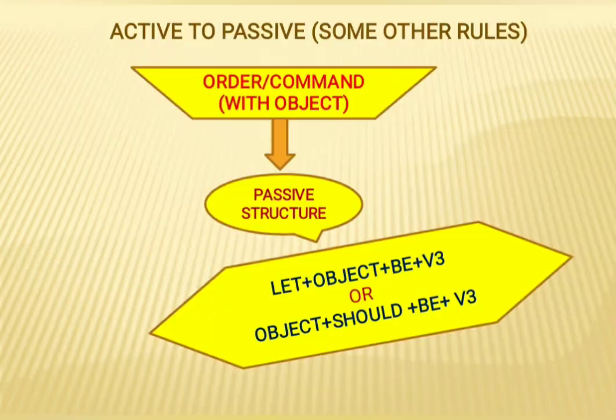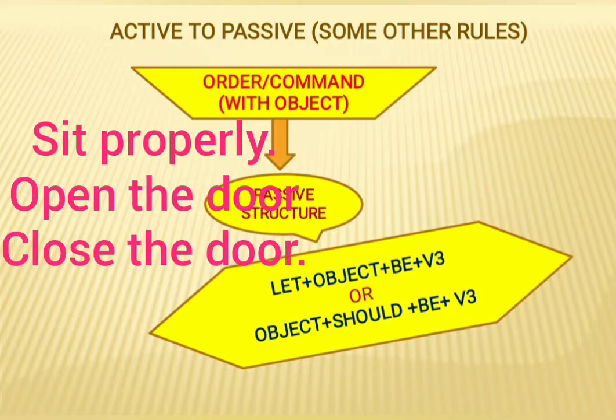Now, suppose in active voice you have an order or command. How will you understand that the particular sentence is an order or command? Remember, your sentence will begin with main verbs like "sit properly", "open the door", "close the door".